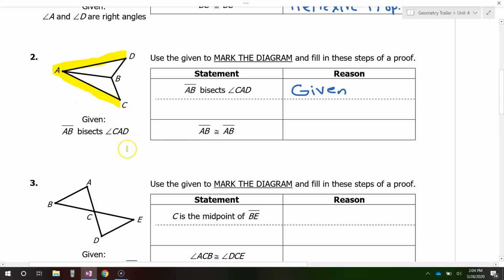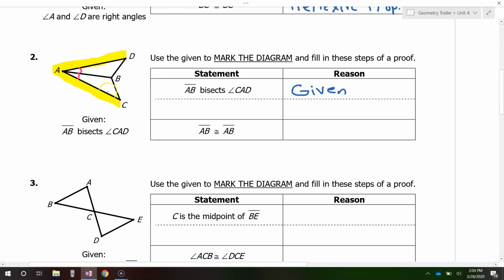So this is the angle that is being cut in half. So that means that this part of the angle is congruent to this part of the angle. All right, so that's how you mark that.